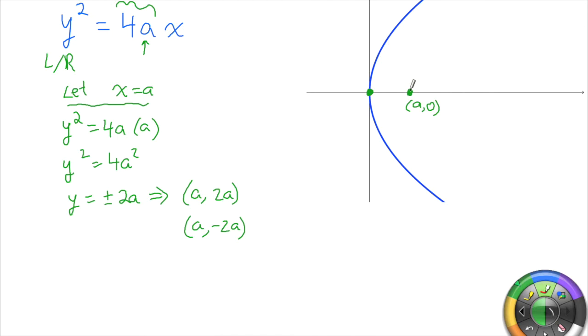So to plot your latus rectum, you go directly up 2a units, and you plot a point, and you go directly straight down, in this case, down 2a. So you'd subtract 2a. And then you'd have 3 points to be able to draw your graph through.